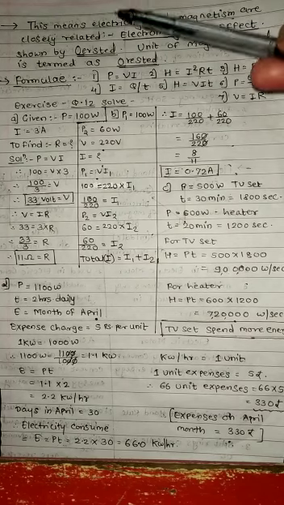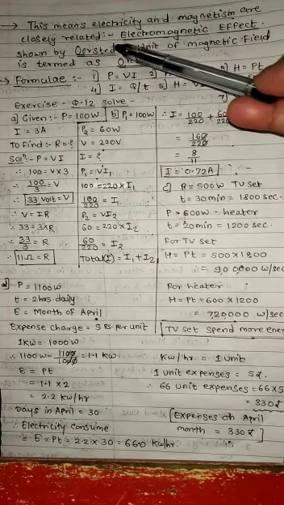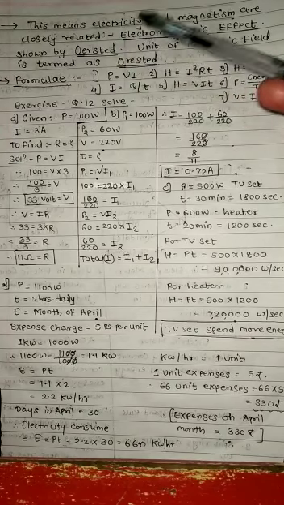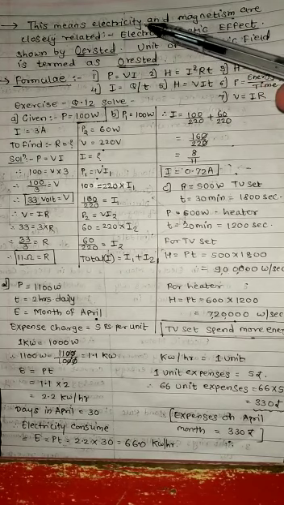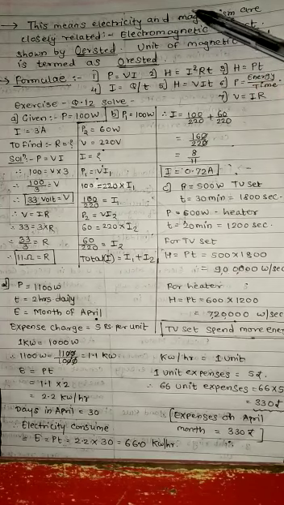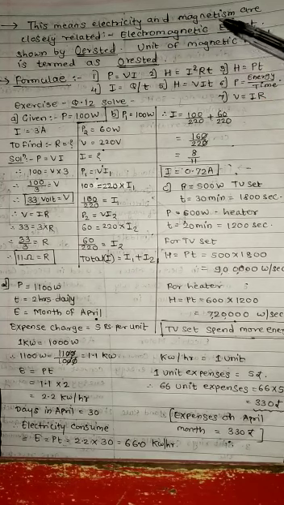So electricity and magnetism are closely related. And this relation between electricity and magnetism is known as electromagnetic effect.